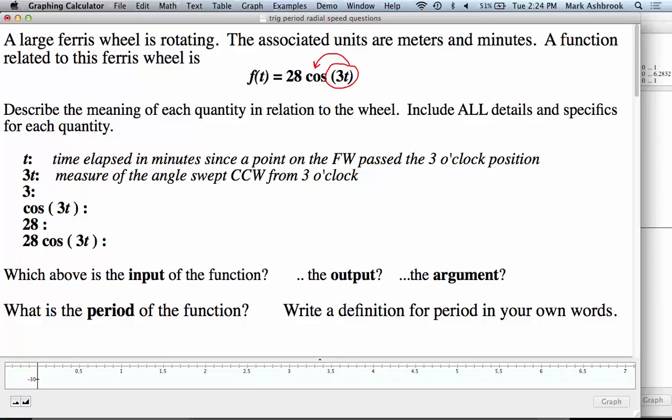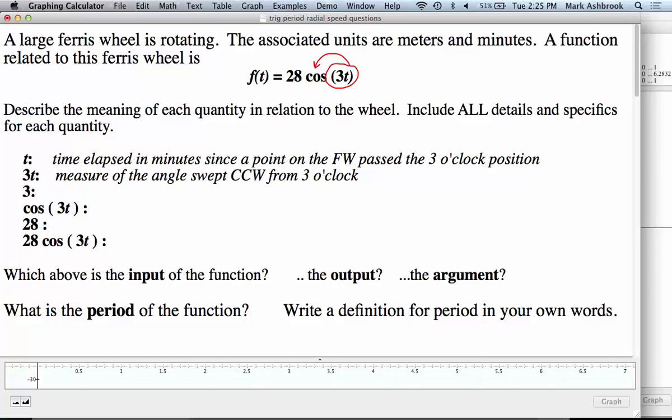So now, what does that multiplier 3 mean? If t is the number of minutes and 3t is the angle, then what is 3? It's the number of radians per minute that the Ferris wheel turns.